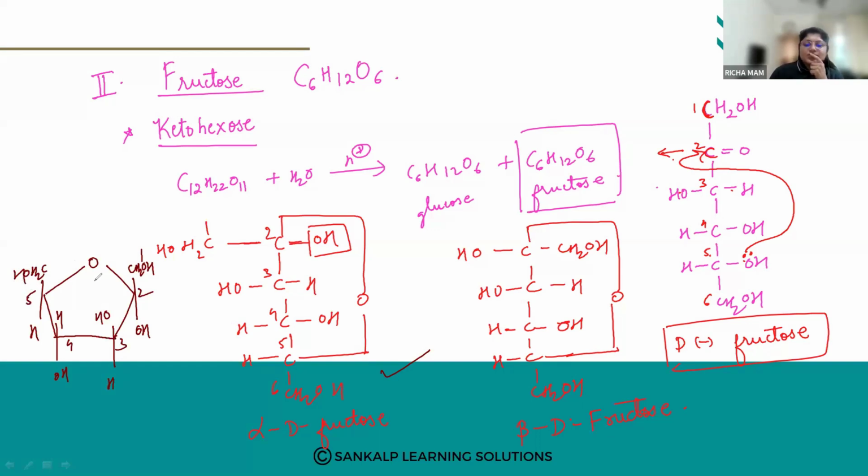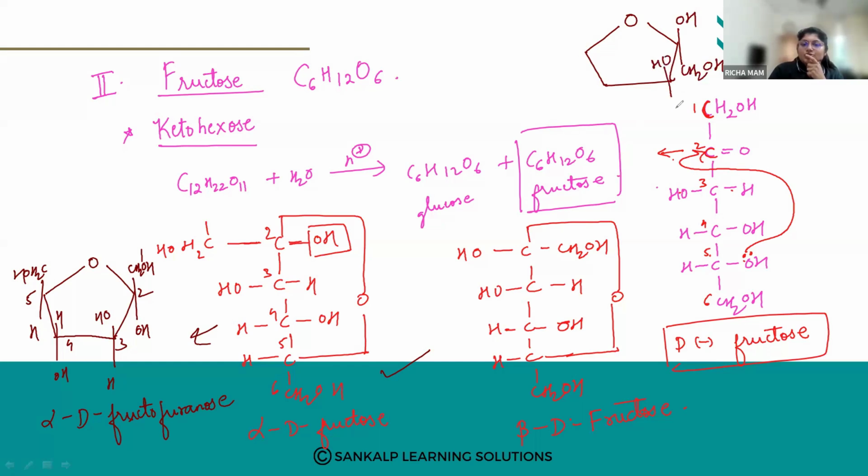So this is your alpha D fructofuranose. Okay, this is the Haworth structure. Now let us write the Haworth structure for beta D fructofuranose. Depending on this, your OH will be above, and here will be your CH2OH.